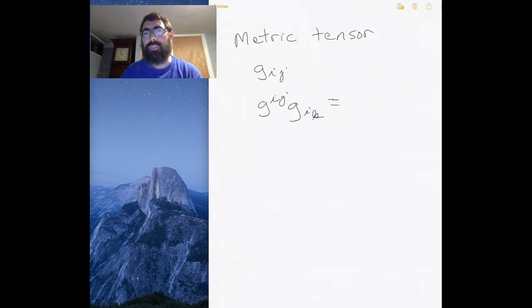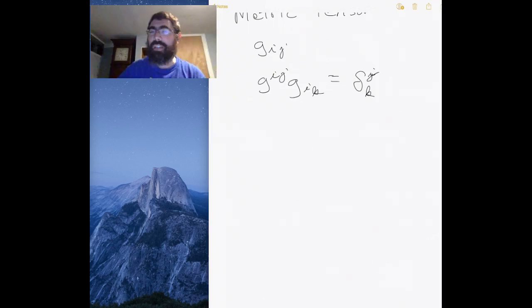So the i indices will multiply out, and you'll get the Kronecker delta with a raised j symbol and a lower k symbol. So the metric tensor has the property of raising an index and lowering an index.